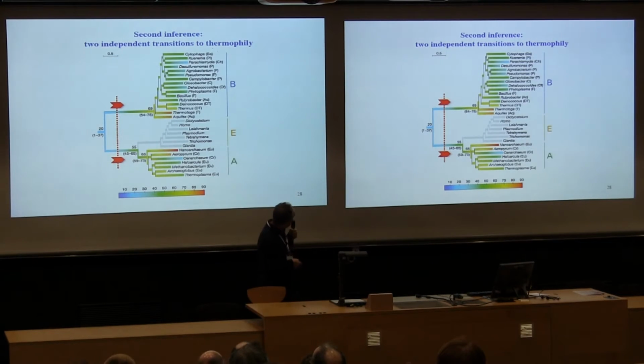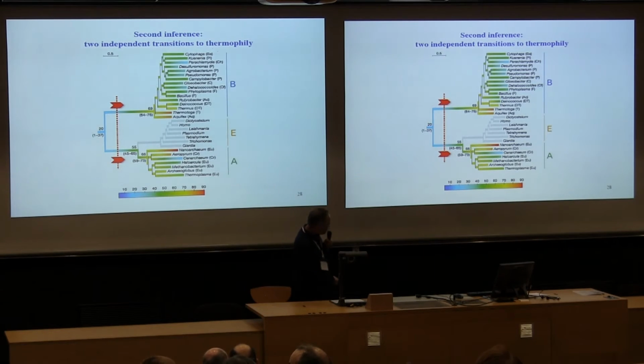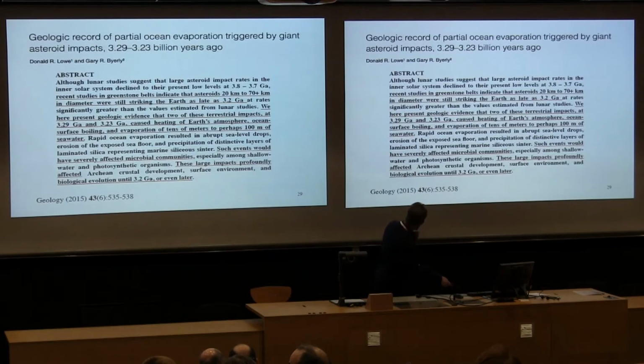Now, our second inference is that from that very early point in time of the bacterial domain ancestor and the archaeal domain ancestor, if we go even further in time, temperatures would have been lower. So there would be a transition from low to high temperature at some point in time.